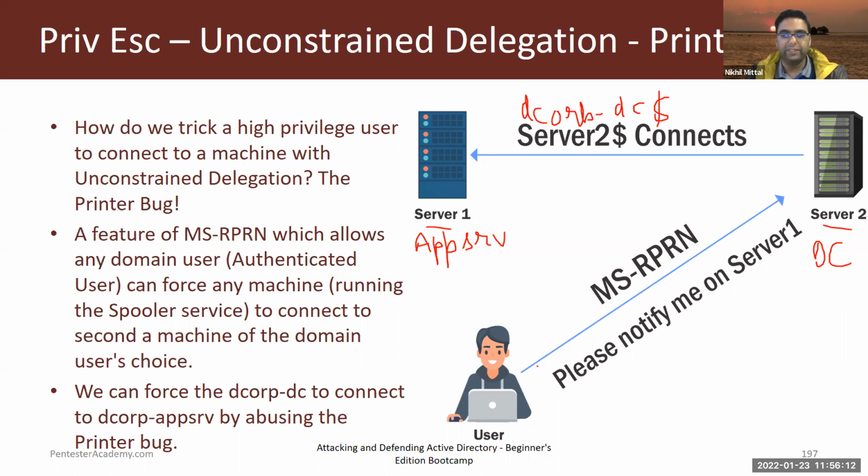So what does this mean? This means that we can trick, or not trick, we can force the domain controller to connect to this machine, to appsrv, and from there we can extract the TGT of the machine account. What is the worst that we can do with the TGT of the machine account? We can run the DCSync attack, for example.